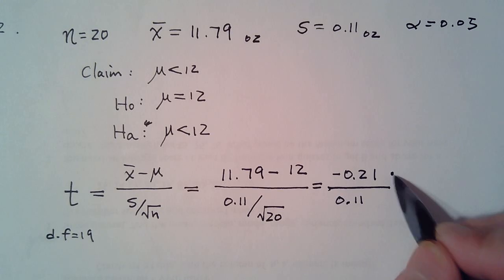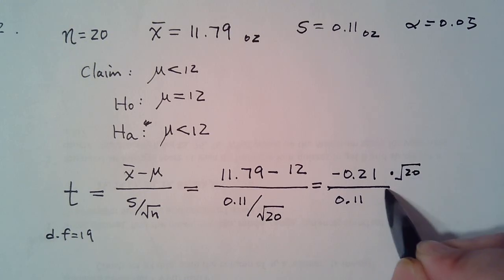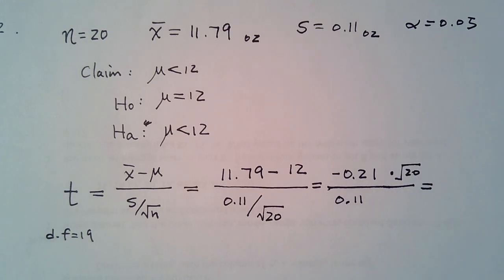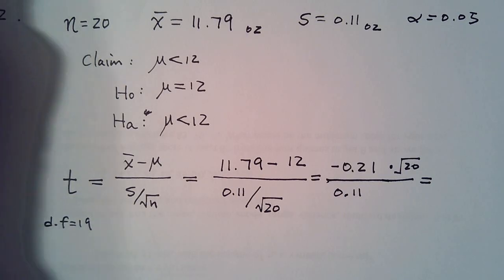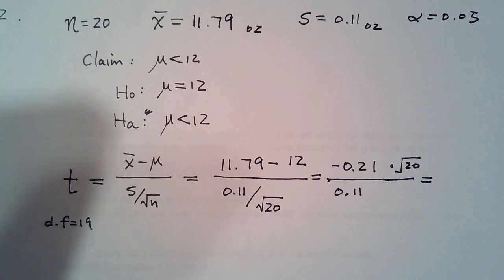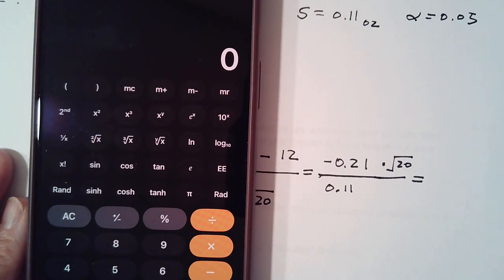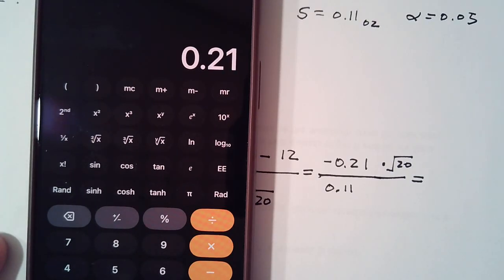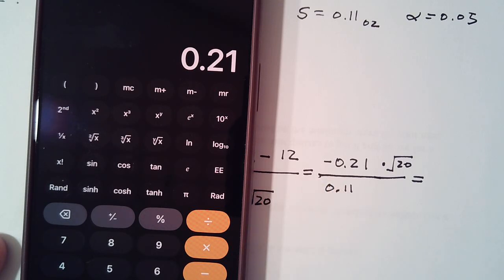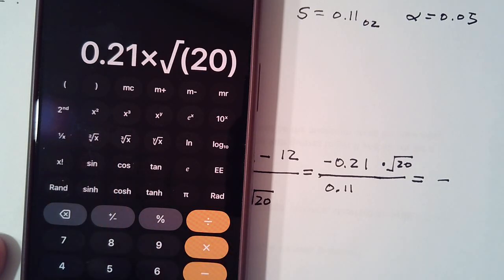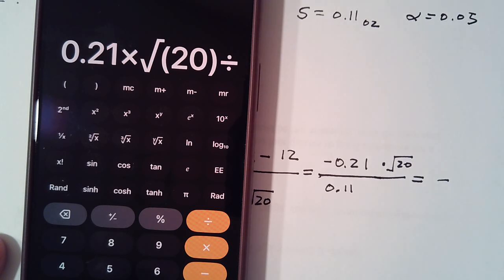I can flip this up and make that go here. If you don't know that, that is totally fine, you can just follow this procedure. I get 0.21. I ignore the negative when I enter the calculator because I know the answer is going to be negative. So 0.21 times square root of 20, then divided by 0.11.